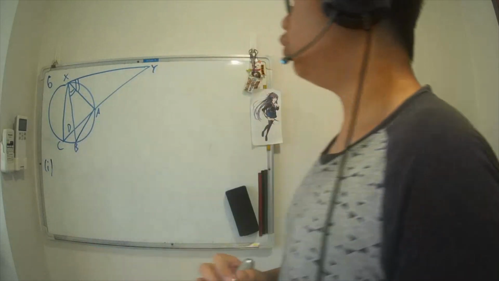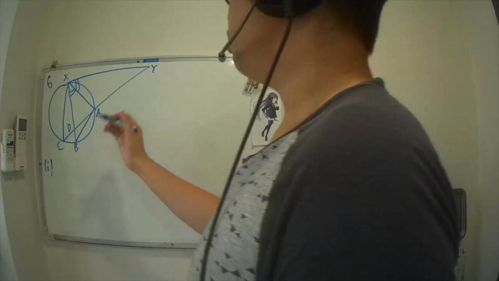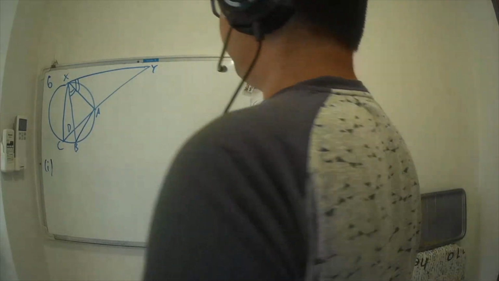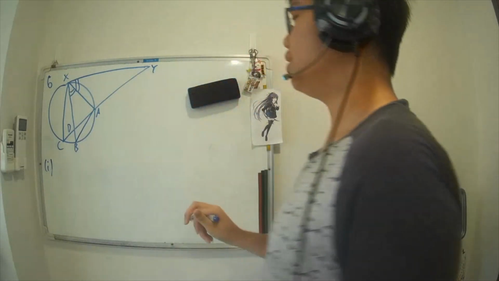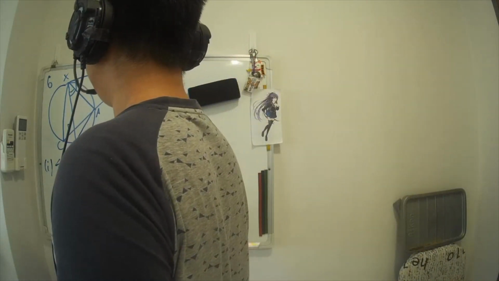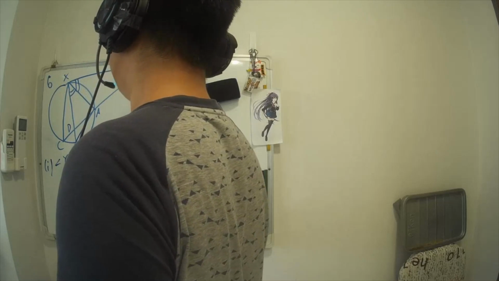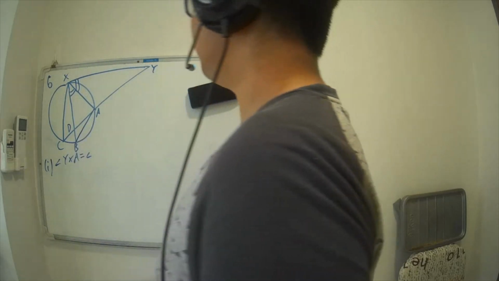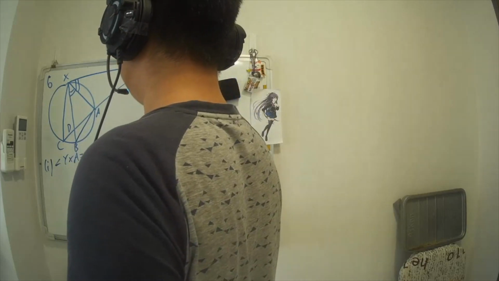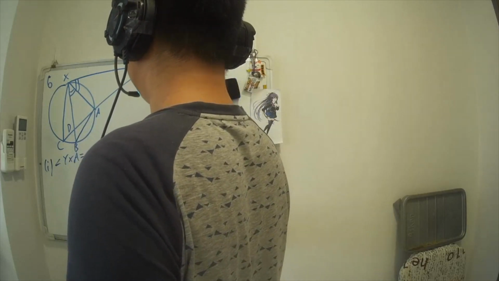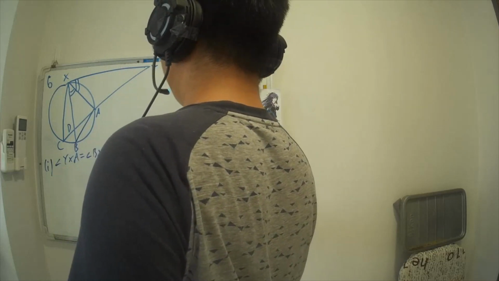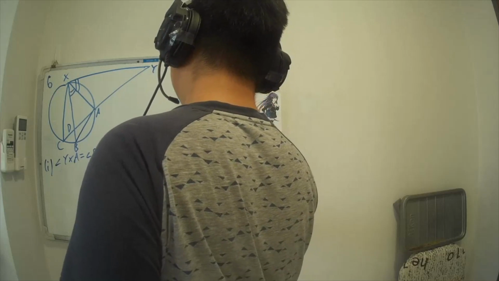Okay, so let's see. What should we do? Notice that the first angle that we need to consider is the angle YXA. So we know that angle YXA is equal to angle BXA, because XA bisects angle YXB as given in the question.